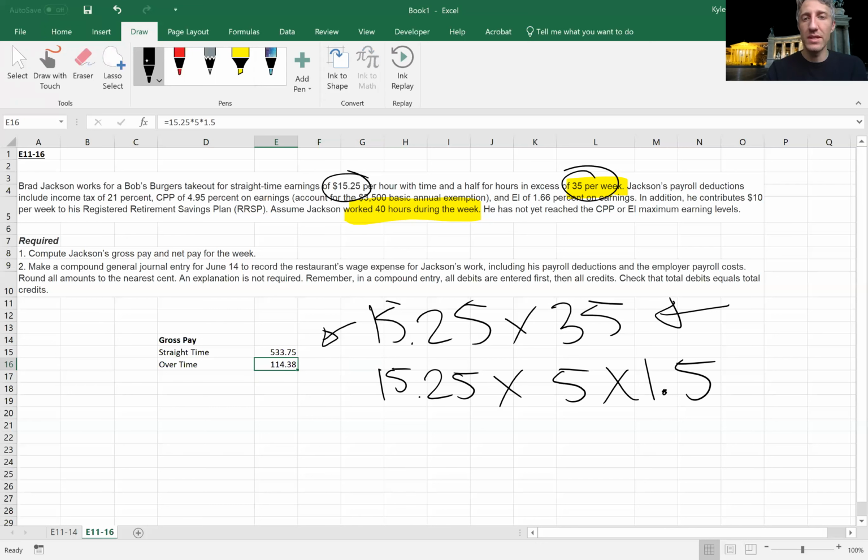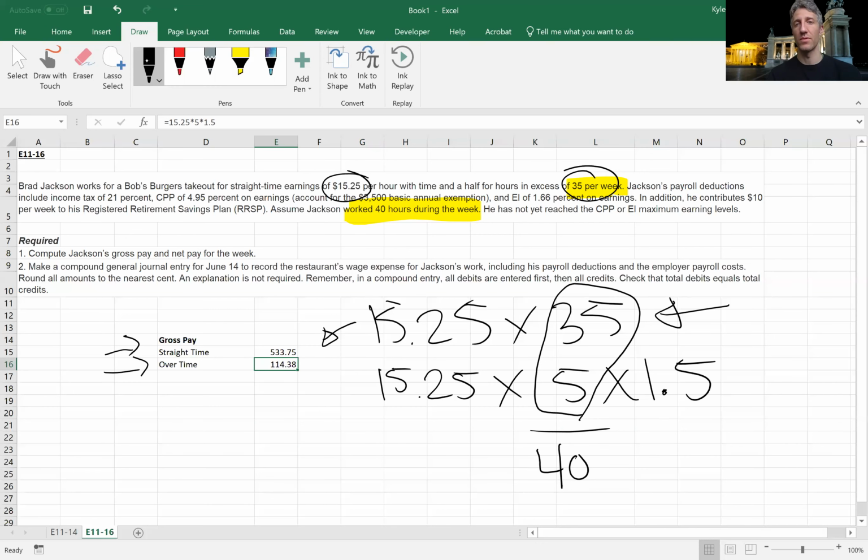So between these two, we get a total of 40 hours that's worked for Brad, and that's split between 35 hours of straight time and then 5 hours of overtime, because 35 hours was the threshold in which overtime applies. Anything beyond 35 hours, Brad is paid at an overtime rate, and that means it's multiplied by 1.5.